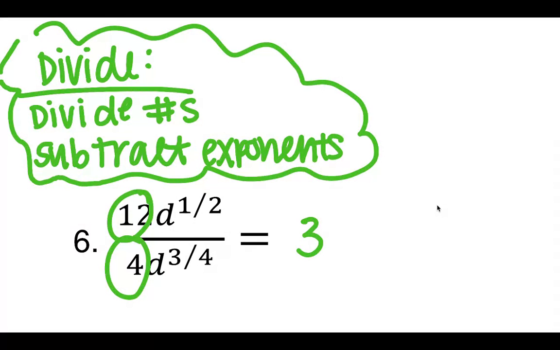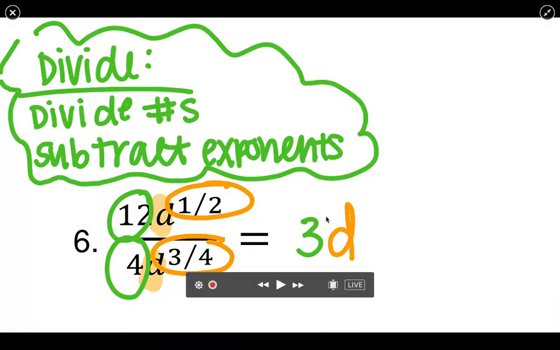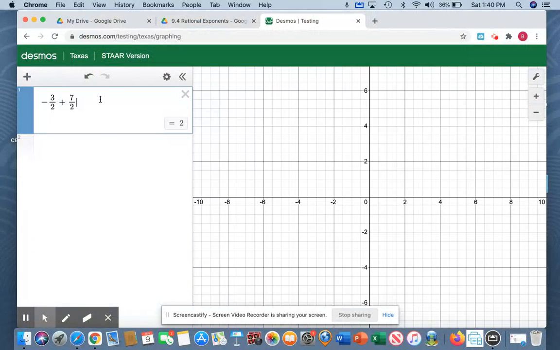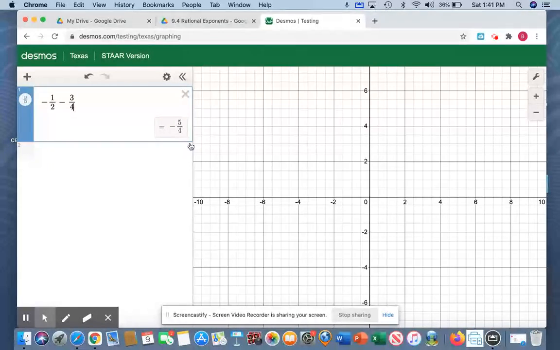Then I have a base of d, and then I'm going to do 1/2 minus 3/4. These do not have common denominators, so you'd have to find a common denominator, or again, you can plug it into Desmos and say 1/2 minus 3/4, and it is negative 5/4.